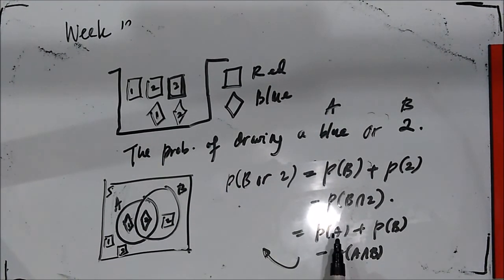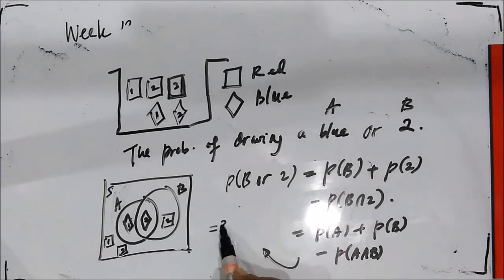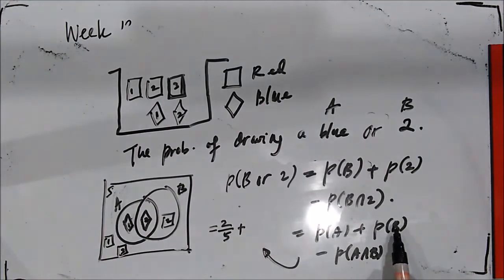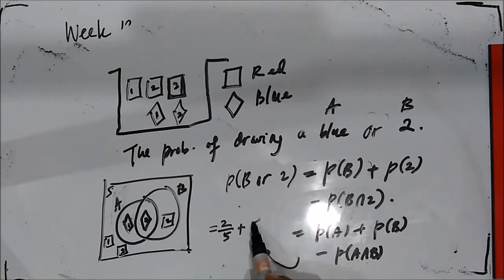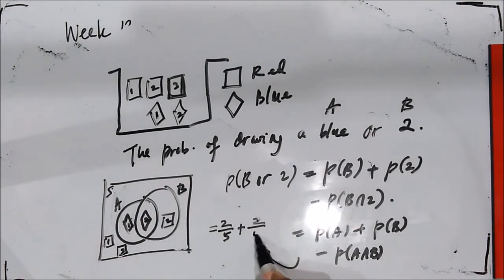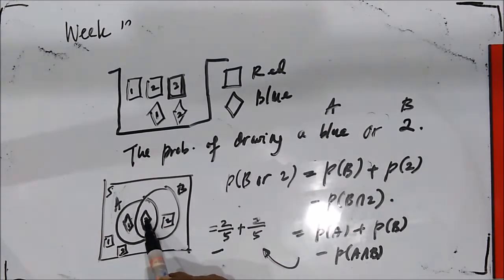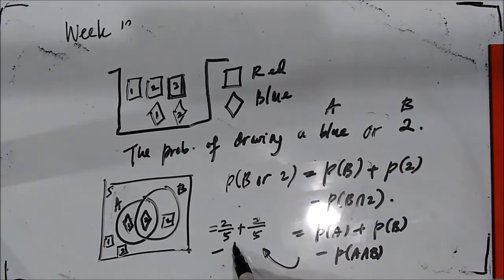So the probability of A here is 2 over 5, plus the probability of B. Number 2, we have also 2 over 5, minus the probability of A and B, which is 1 over 5.